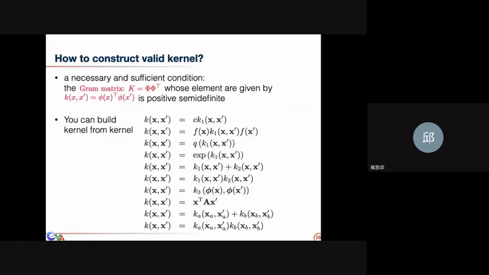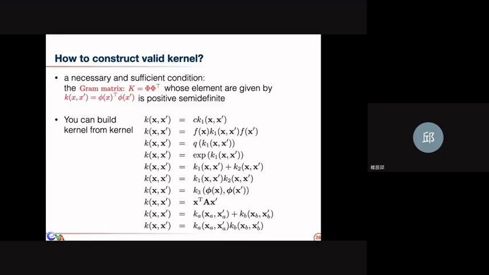So actually, most of the time, people would prefer to build up new kernels from those kernels we have known. So how can you build up kernels from kernels, right? Now I want to build up a new kernel function, but I would like to use some kernels I have known as the basic components.